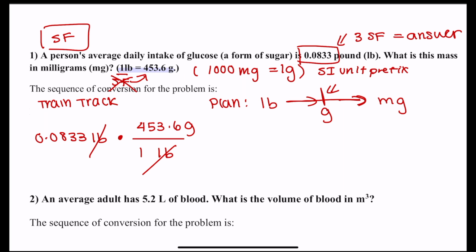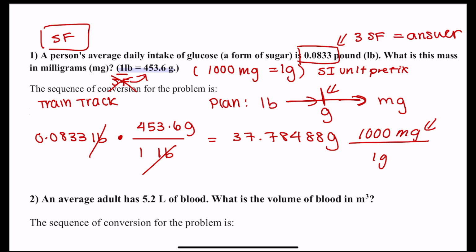If I do that, it leaves me with 37.78488 grams. And we want to convert this into milligrams. And we know that in 1 gram, there's 1,000 milligrams, right? So we want to put the grams at the bottom and 1,000 milligrams on the top, because this is the desired unit and gram is the undesired one at the moment.